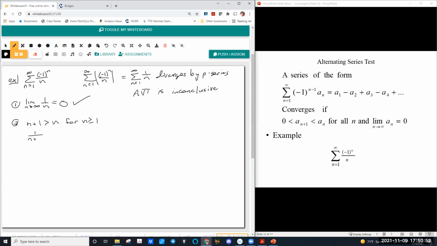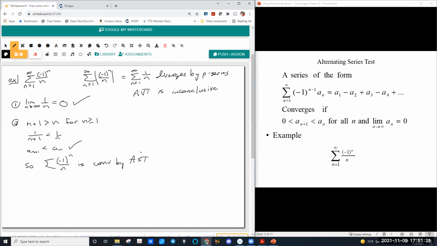So then 1 over n plus 1 is less than 1 over n. And that means a sub n plus 1 is less than a sub n. There's our two parts. So -1 to the n over n is convergent by the alternating series test.